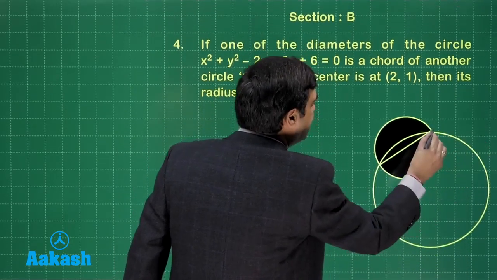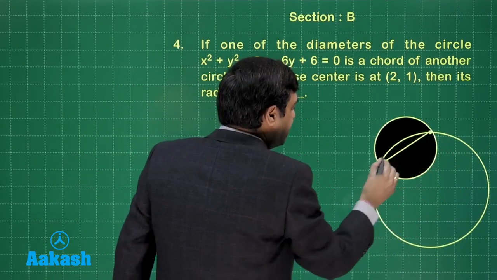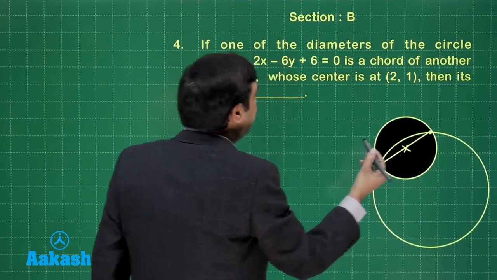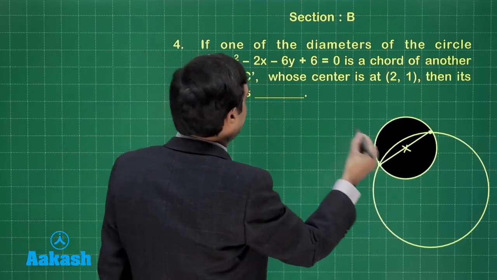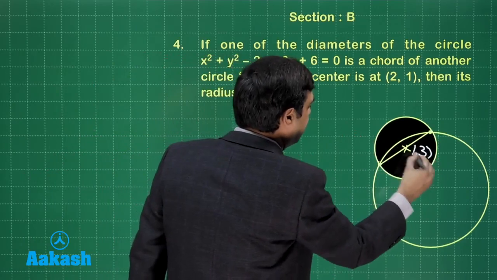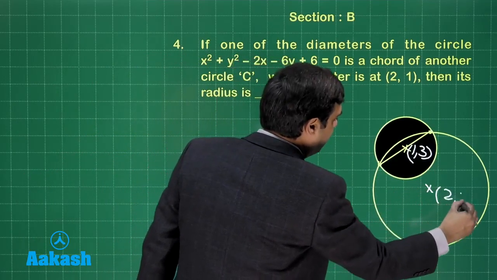Now the question is saying simply that this is one center of the given circle, and the given circle's center we can see is simply (1, 3). The required circle's center is (2, 1).